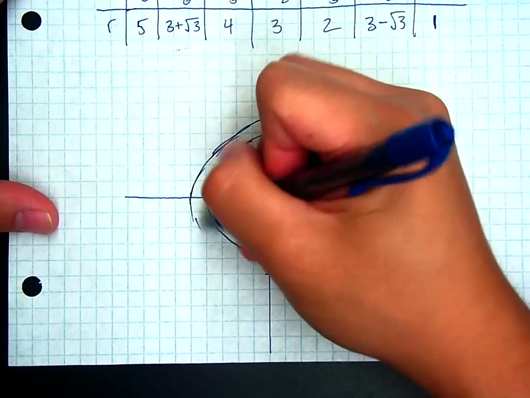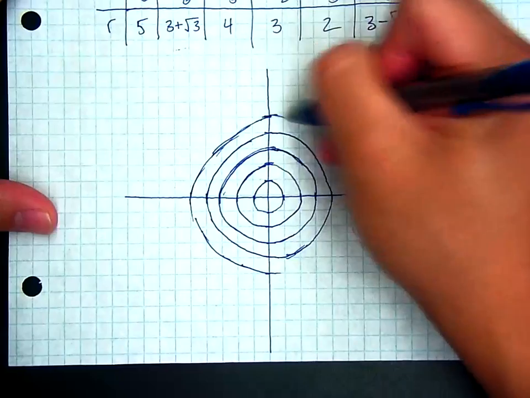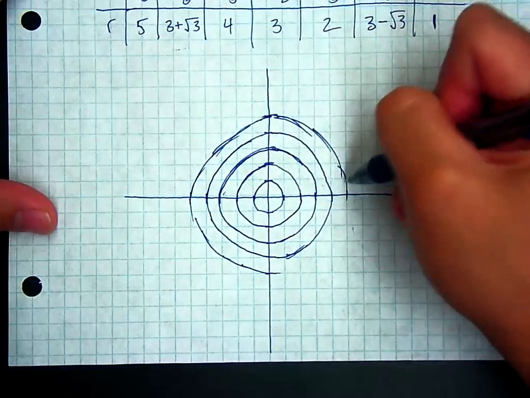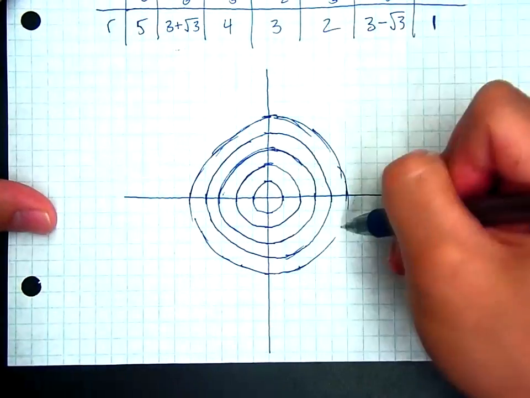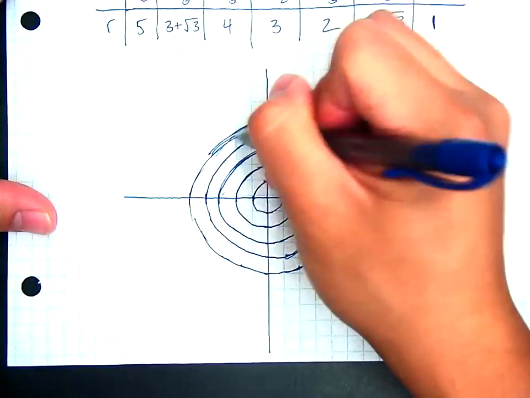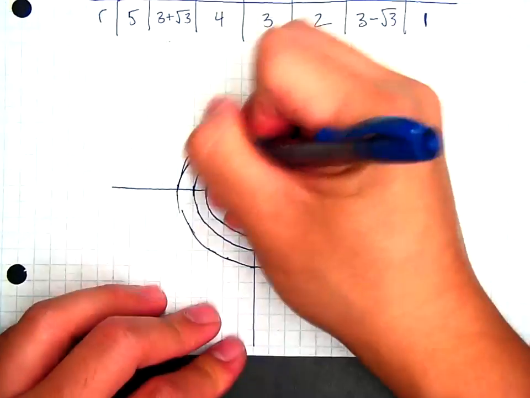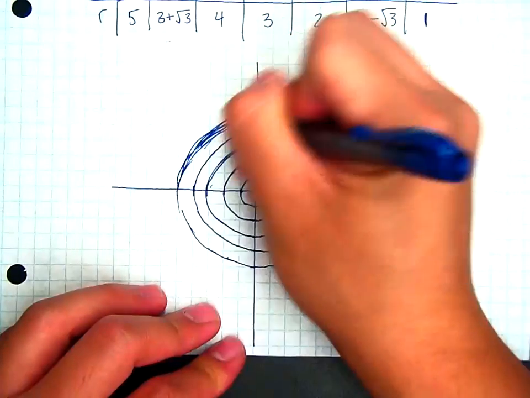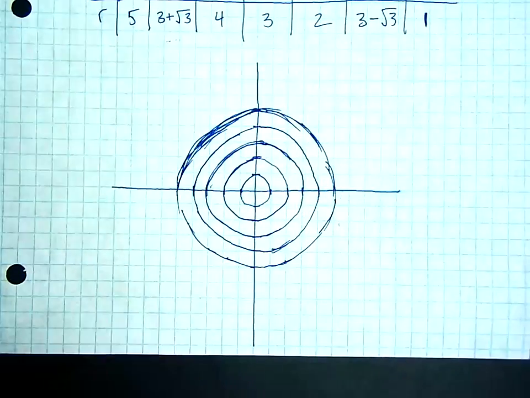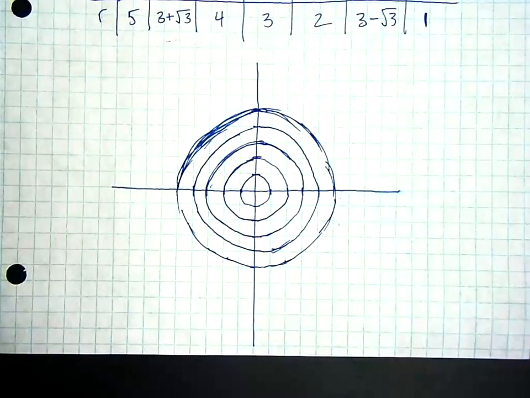Here we go, our fifth circle. Okay, there we go. So, of course, it's not the best circles. I apologize for that. But we'll work with what we got. All right? So, here we go.